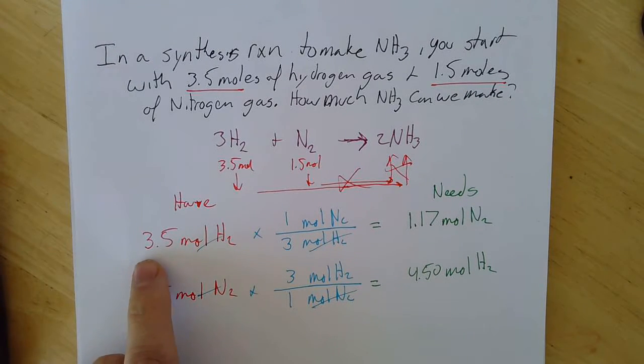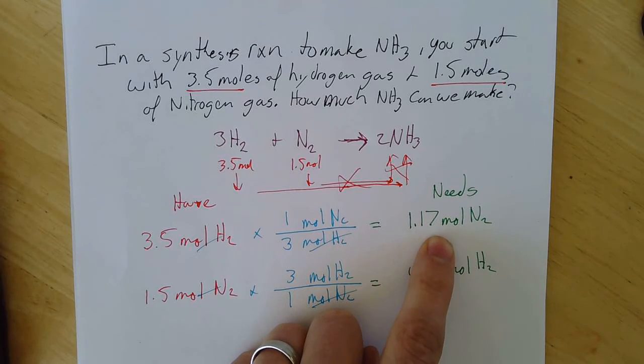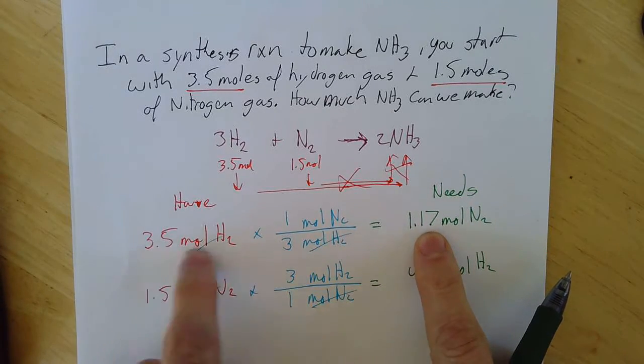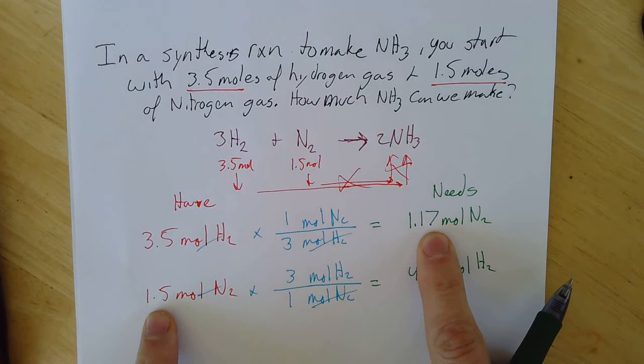So the idea is if I use up all 3.5 moles of H2, I would need 1.17 moles. So I know if I use up all of that, I would need that much. Do I have that much? It turns out I do, right? I got more than that. That says something. I'll come back to it.